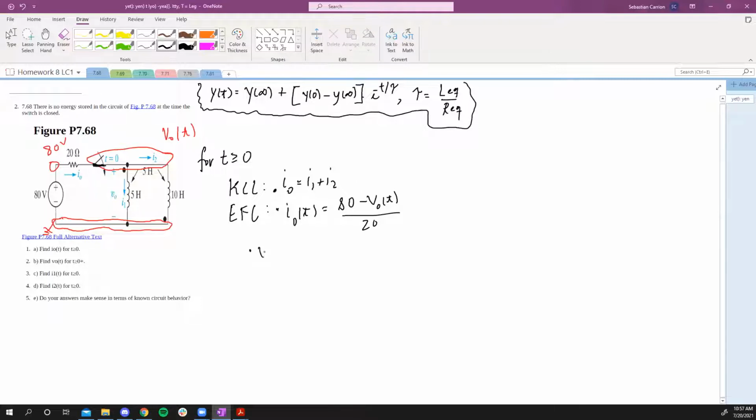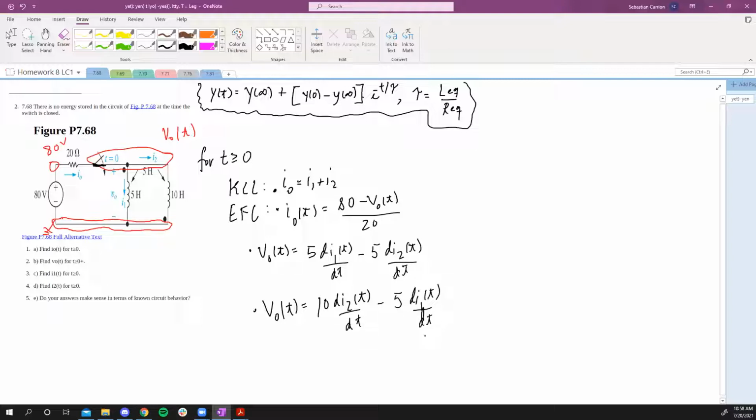Then we also got v0(t) is equal to 5 di1(t)/dt minus 10 minus 5 di2(t)/dt. v0(t) is also equal to 10 di2(t)/dt minus 5 di1(t)/dt.